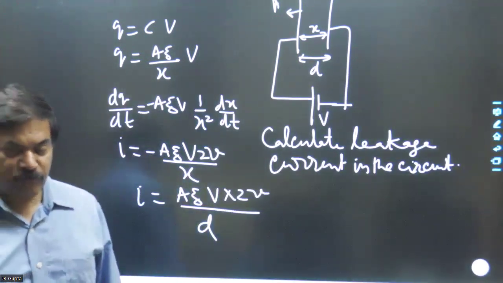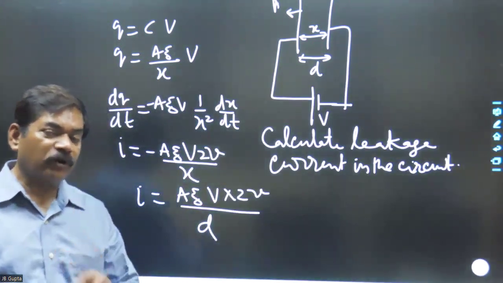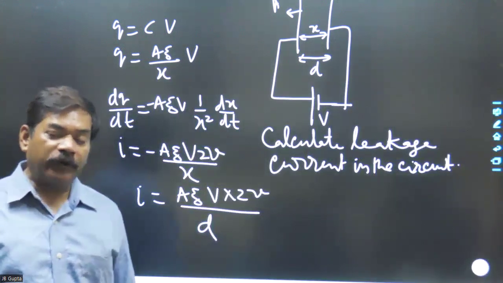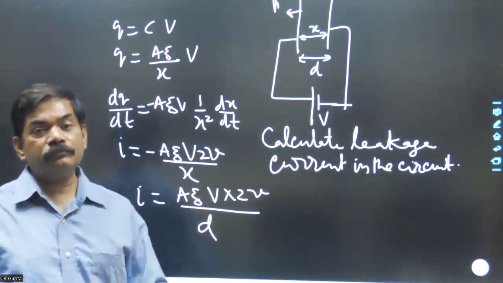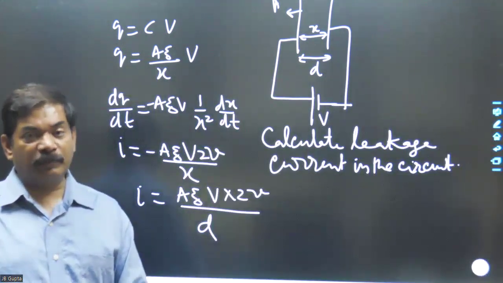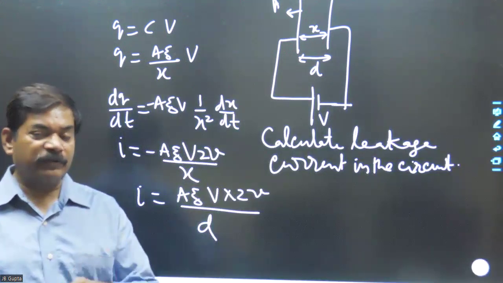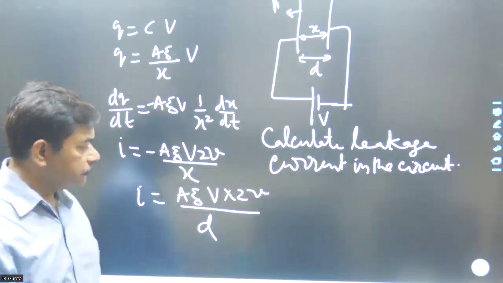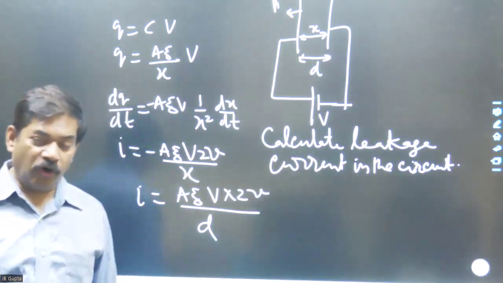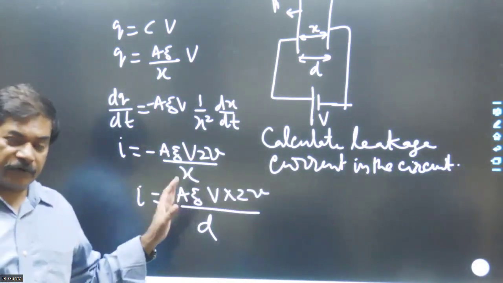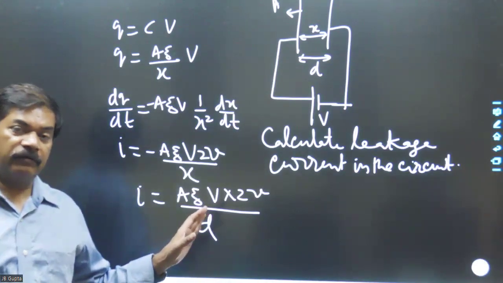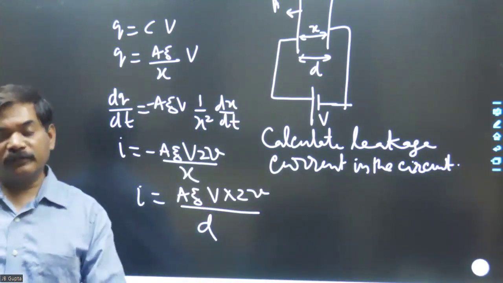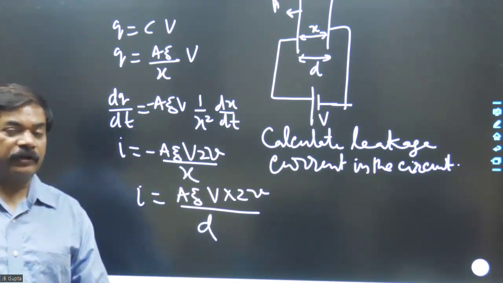In my next video, I'll take one question in which voltage will not be kept fixed and there will be some current in the capacitor. So watch this carefully and understand it, so that the next concept will also be very clear to you.